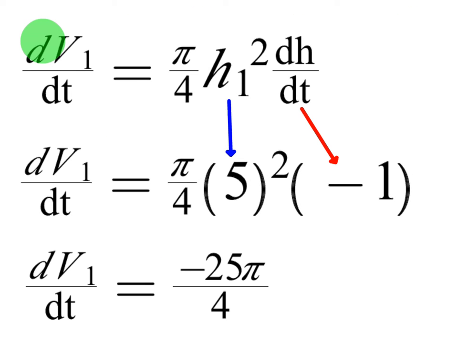So we can plug both of those into our formula and figure out that dV1/dt, the rate at which the volume of coffee is coming out of the filter, is negative 25 pi over 4. Let's write the units there. That'd be cubic inches per minute.